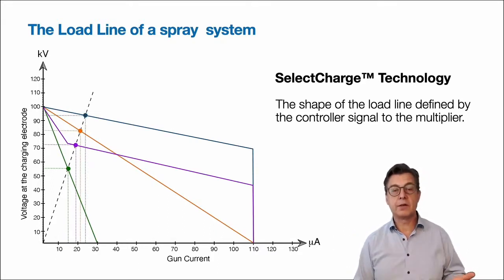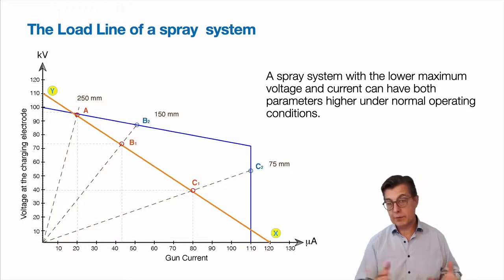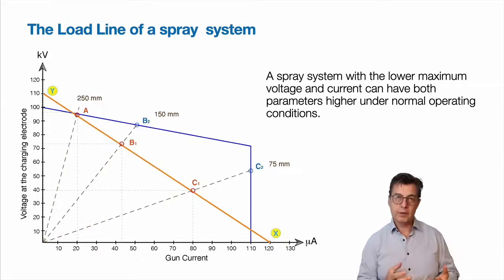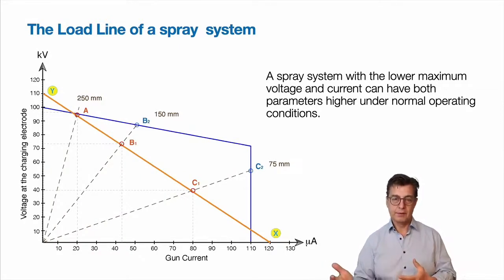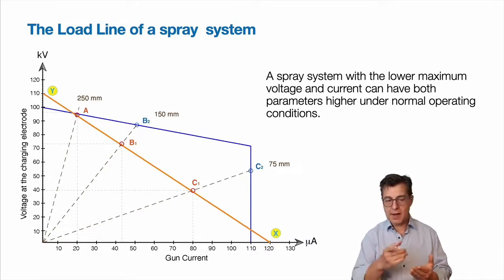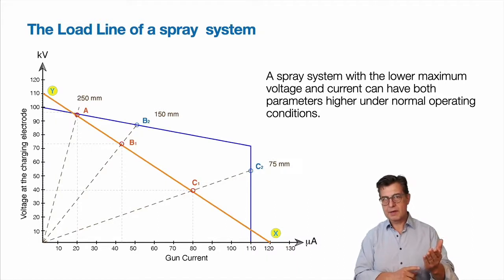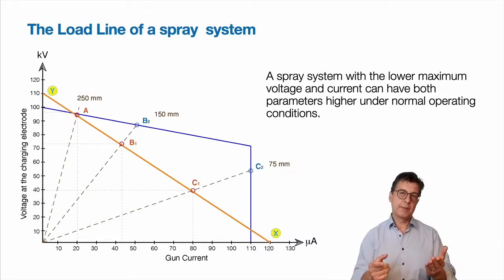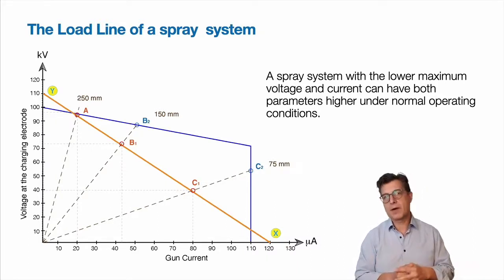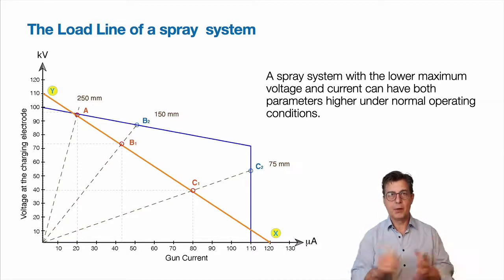So getting back to the load line comparison where we started with these two load lines, if we were to assume that more is better, then we would look at the specifications for a spray system and say, hey, this one with 110 kilovolts and 120 microamps definitely is better because it gives us more on both ends.